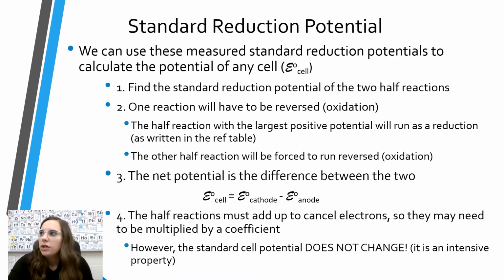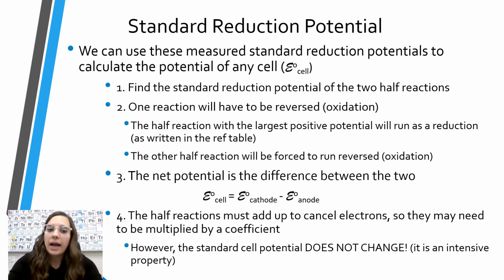Okay, so we can use all of these standard reduction potential values to allow us to calculate the standard cell potential of any galvanic voltaic cell. If we are given a cell, then we are going to have to find the reduction potential of both half reactions.